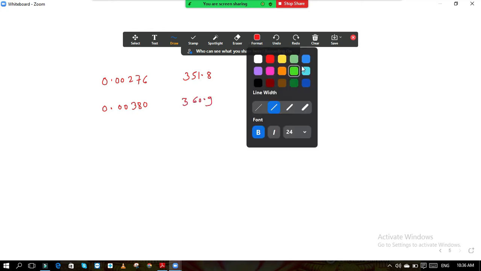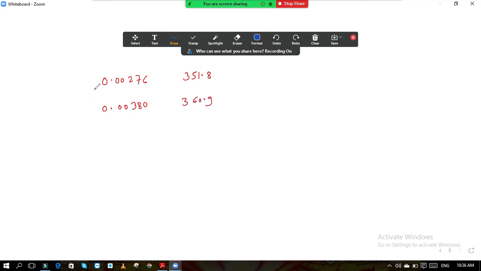And now we need to do the interpolation because we want the value for 0.00286. This value we want. So now I hope you know the interpolation. In the DOS also you learn this, how to do the interpolation. Now do the interpolation and let me know the value of this.